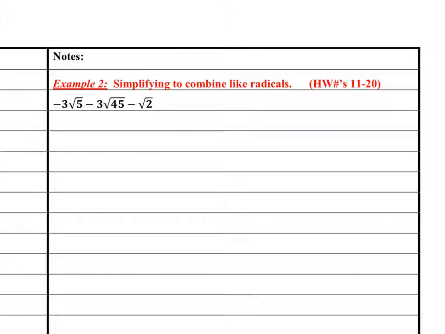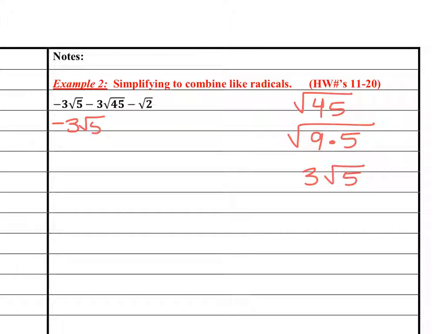Looking at this problem as is, they're not like terms, so I'm going to simplify root 45 because I know I can. Well, that would break up into the perfect square 9 times 5. Well, square root of 9 is 3, so it's going to be 3 root 5. So now we can change it, so negative 3 root 5 minus 3, well, root 45 is 3 root 5, so times 3 root 5 minus root 2.